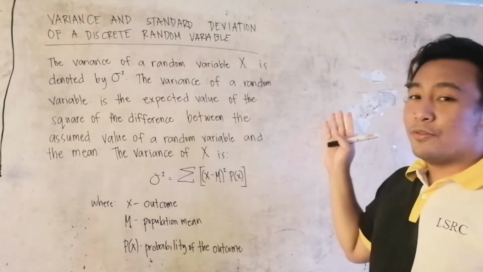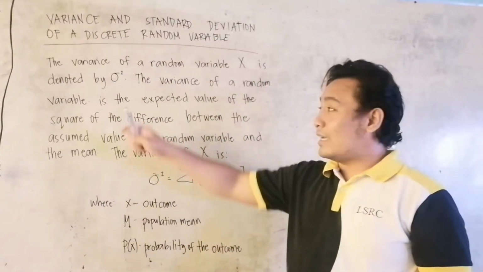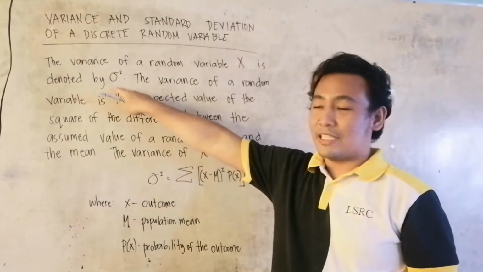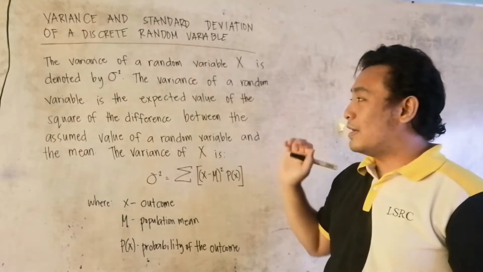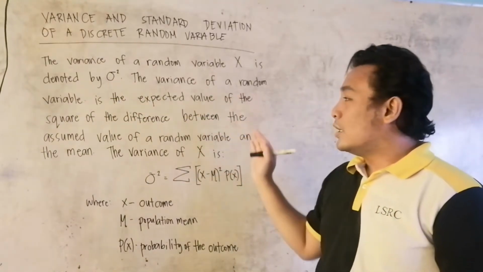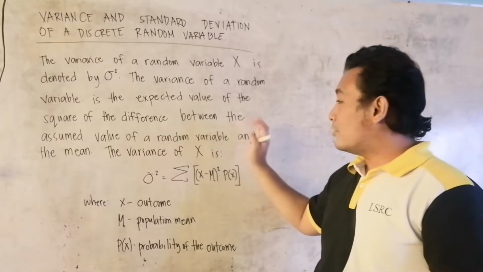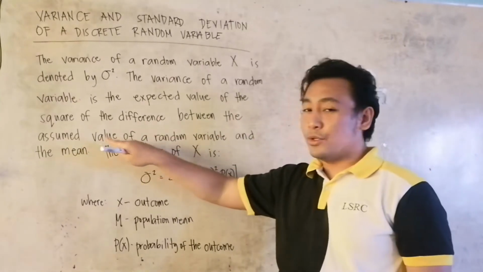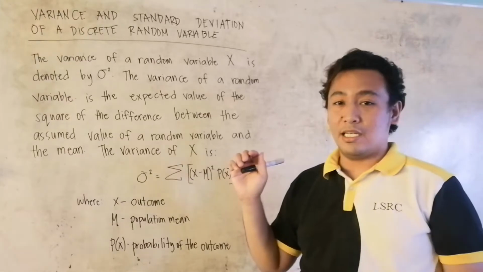The variance of a random variable x is denoted by this symbol. The variance of a random variable is the expected value of the square of the difference between the assumed value of a random variable and the mean.